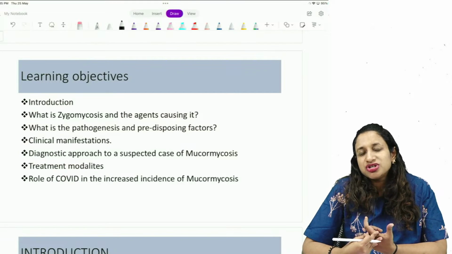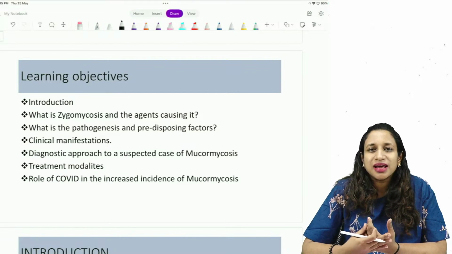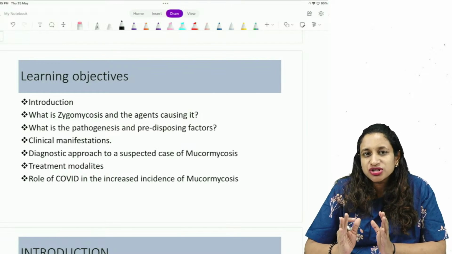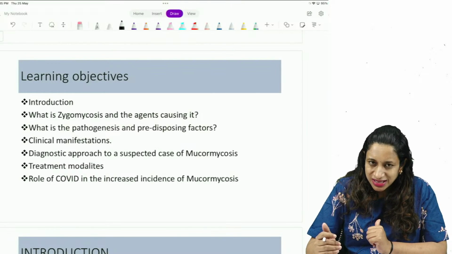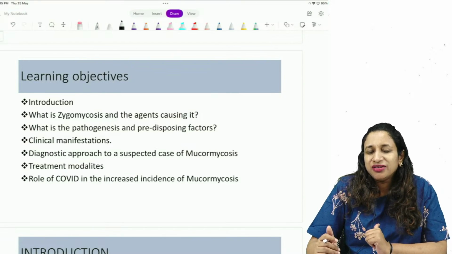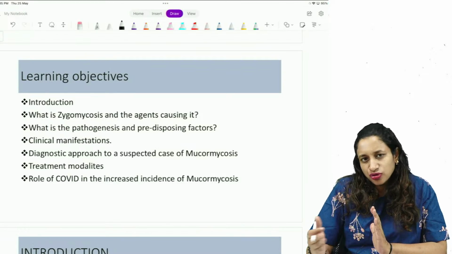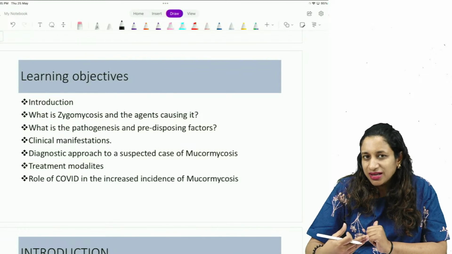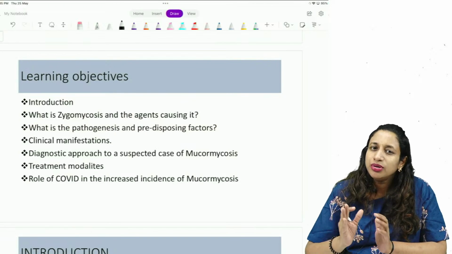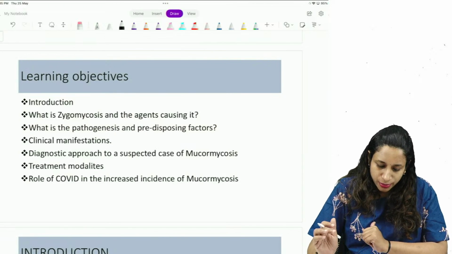Coming to pathogenesis and predisposing factors, there are n number of predisposing factors, many of which are associated with immunocompromised state, and we also talk about diabetes. Clinical manifestations are again a spectrum, a lot of various clinical manifestations. The important ones that you have to remember are always associated with immunocompromised state.